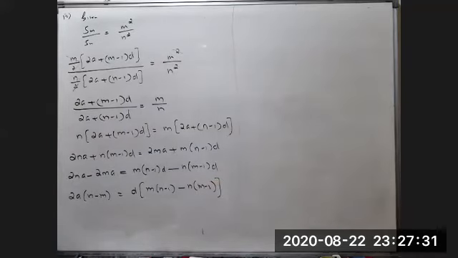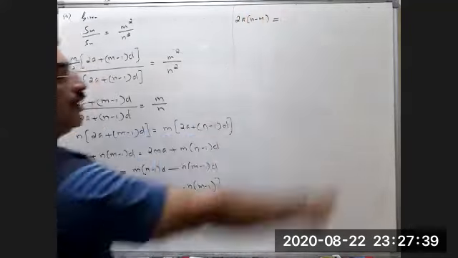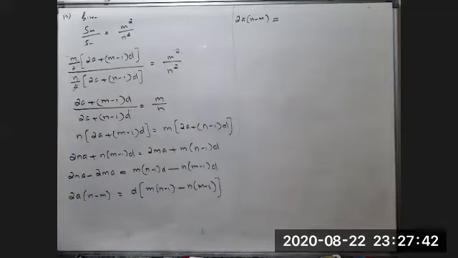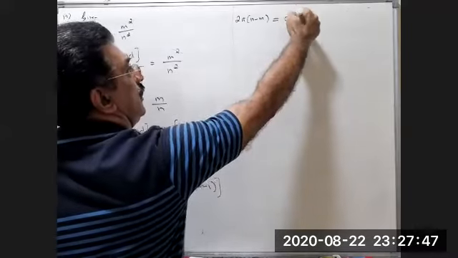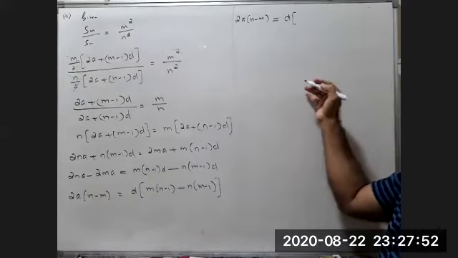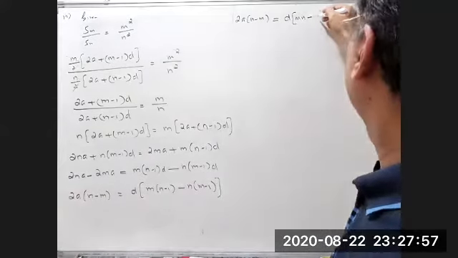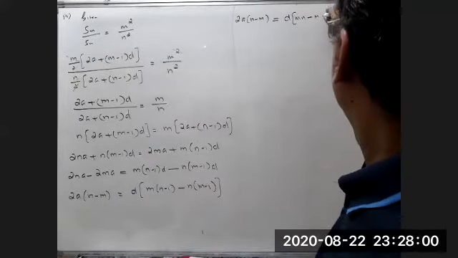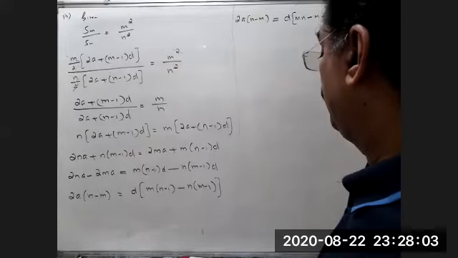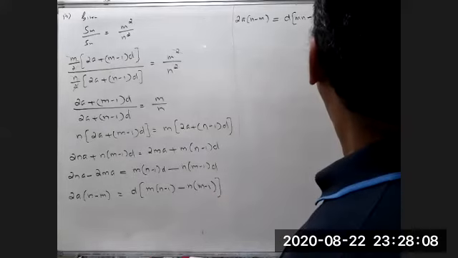So 2a into n minus m equals d, opening the bracket: mn minus m minus mn plus n.